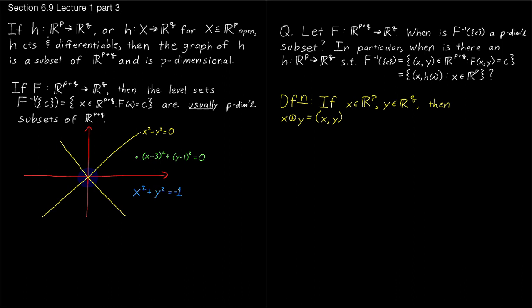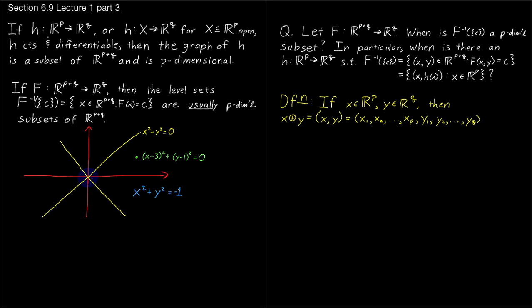These both represent this point in R^(p+q). It's the point with coordinates x1, x2 up through xp, and then y1, y2 up through yq.